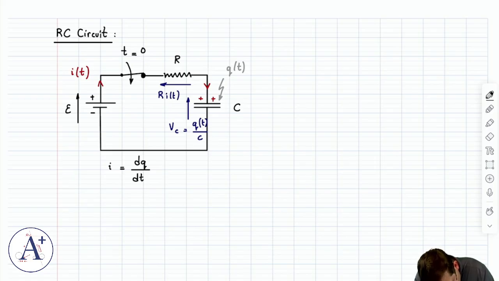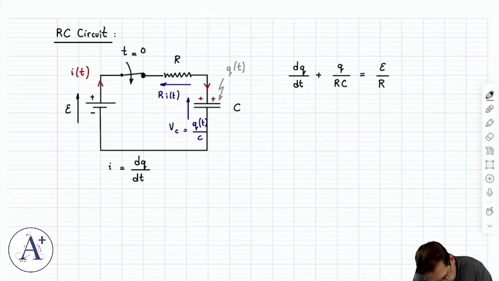You're going to get dQ/dt plus Q over RC is equal to epsilon over R. And this is a differential equation, right?